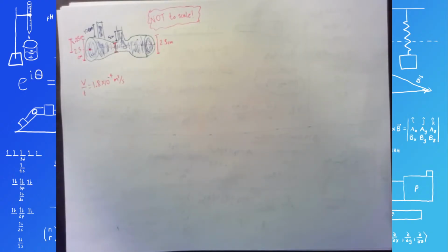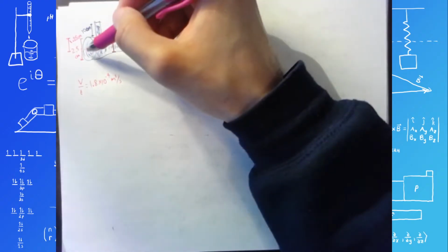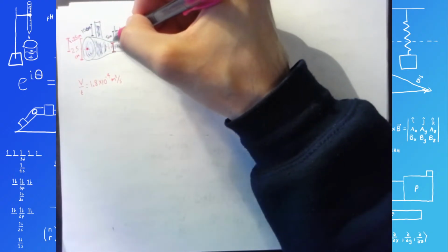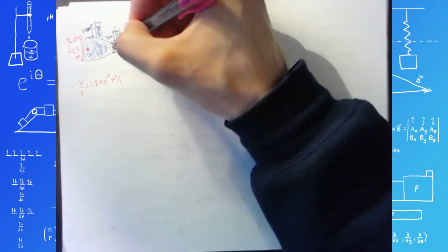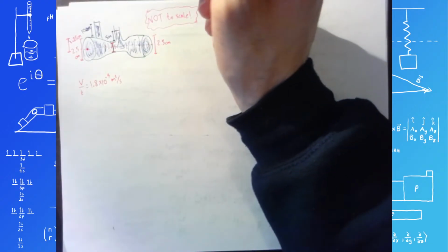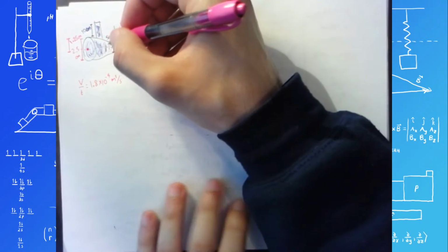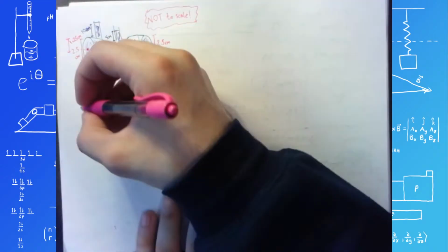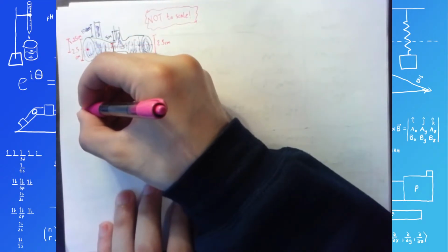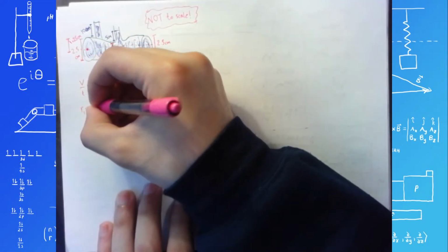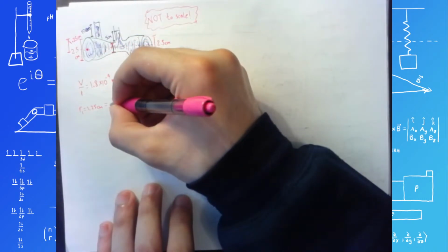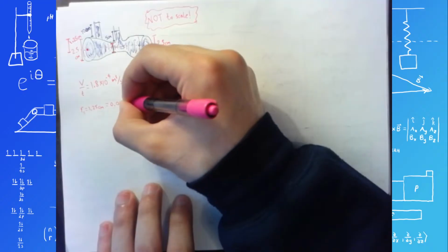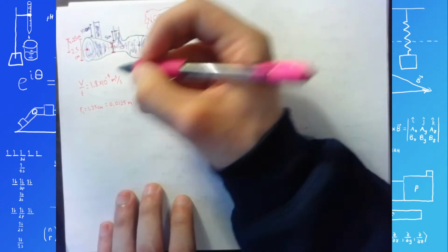So that's 10 centimeters above this mark, and this thing is 5 centimeters above this central mark. We don't know what this is yet. Let's define some variables. R1 is equal to 1.25 centimeters, or 0.0125 meters.